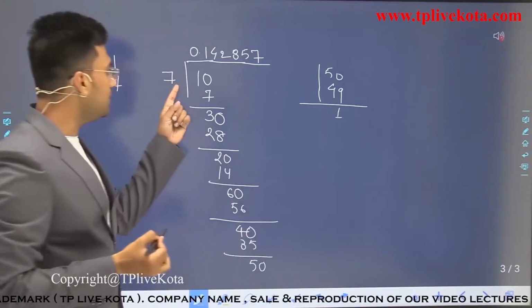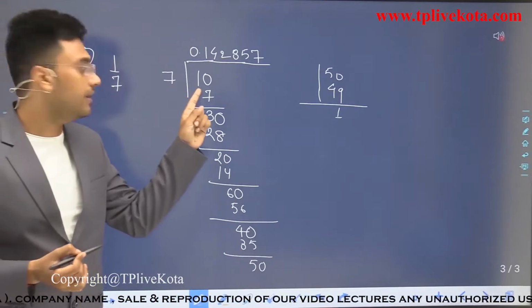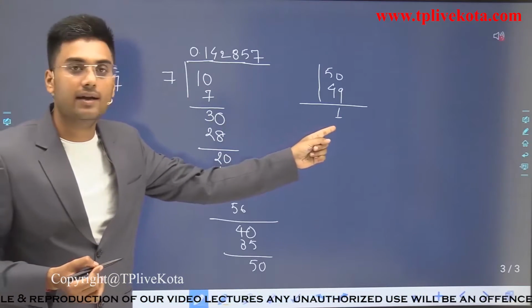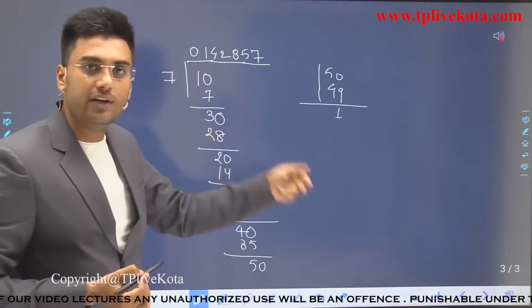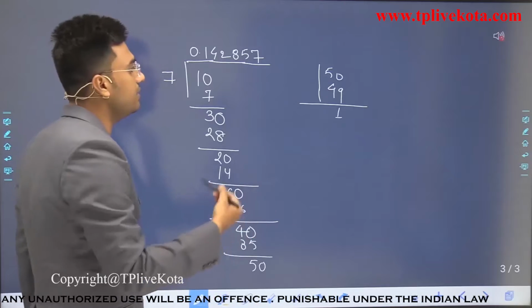Now we start our division by 1 and we reach the 1 again. So if we continue the division, then the numbers repeat.